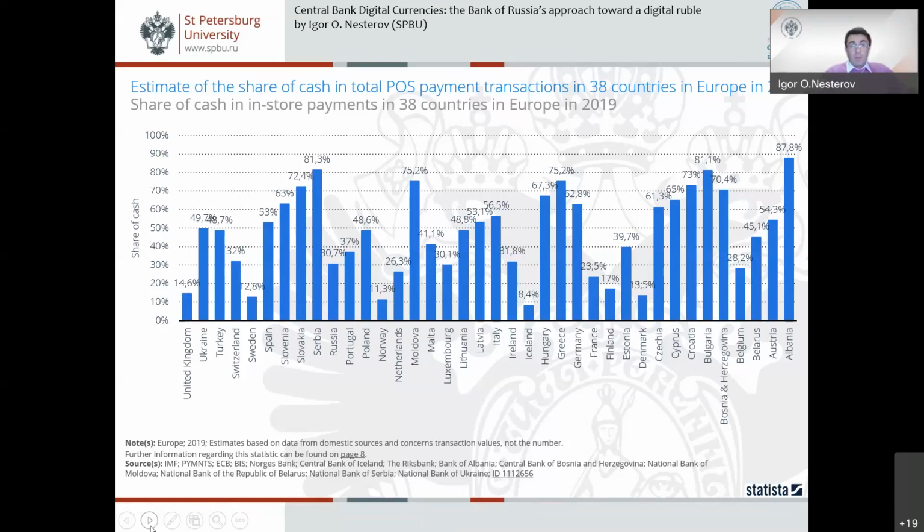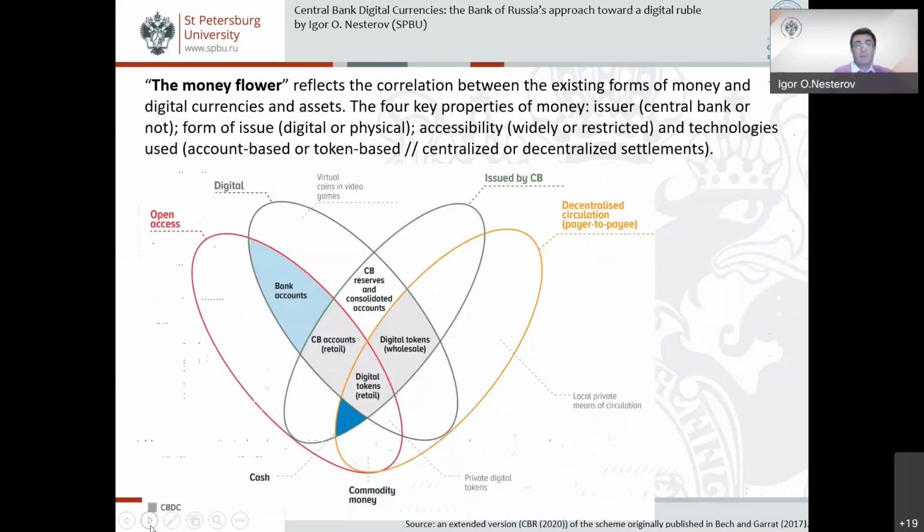And now, the money flower. This Venn diagram presented on your screens illustrates the four key properties of money: issuer, central bank or not; form of issue, that is digital or physical; accessibility, widely accessible or restricted; and technology used, that is account-based money or token-based.